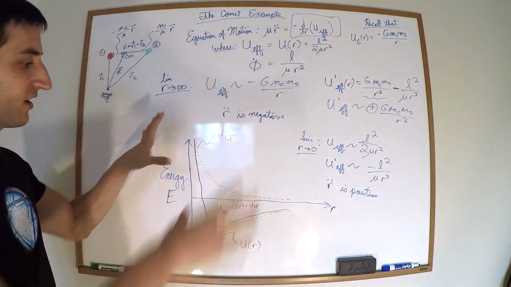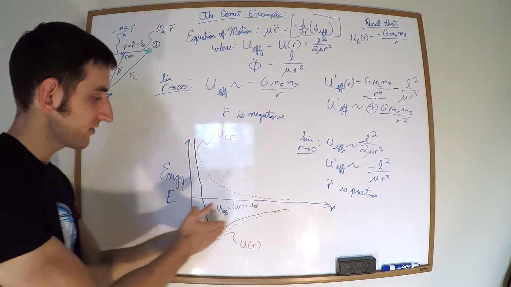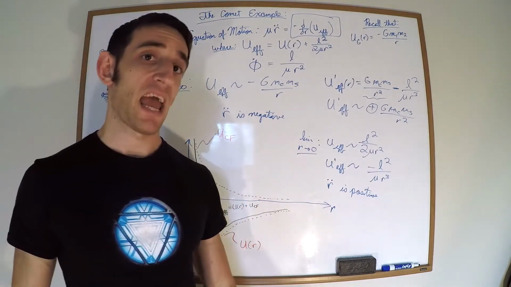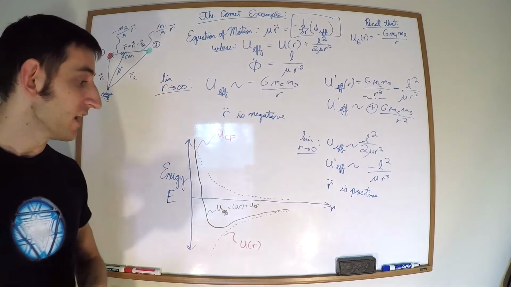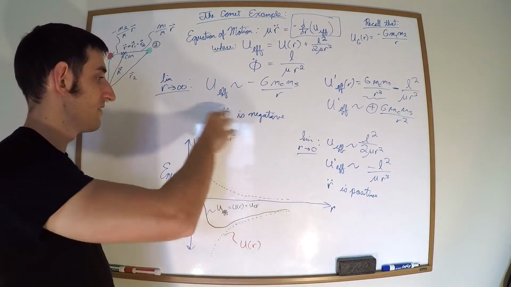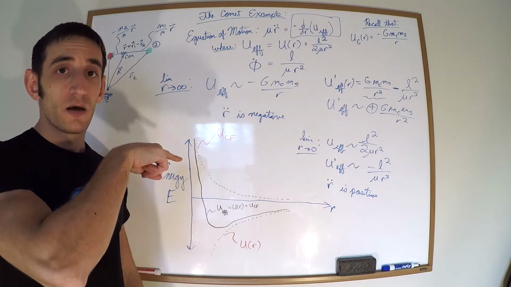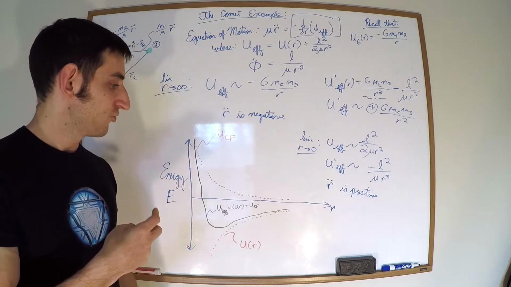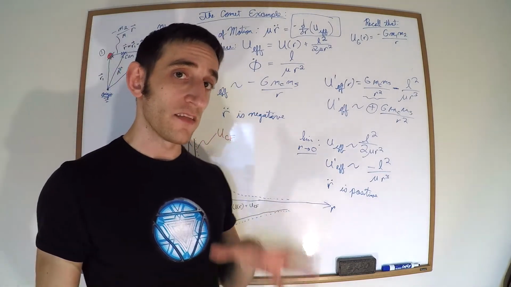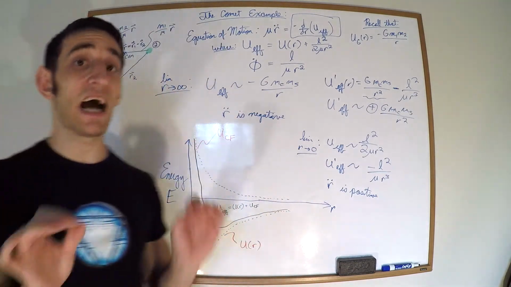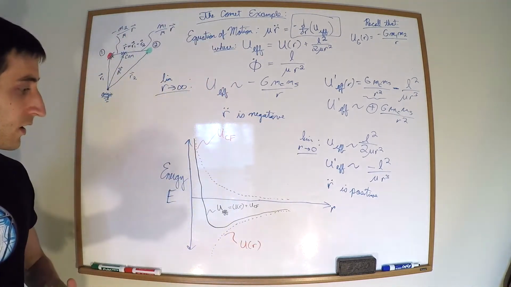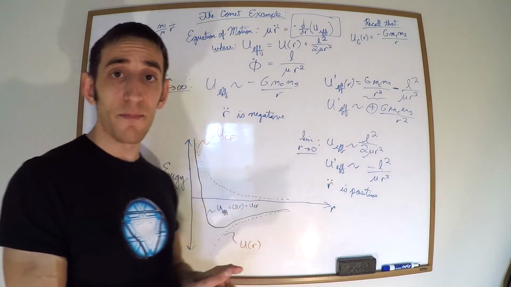Using this information, we're able to plot this guy, and we find that both the motion and the effective potential energy are a function of the gravitational potential energy and the centrifugal force potential energy. So what's important to note is that this is a potential well that's going to crop up very often in any kind of two-body force problem, and we're going to find this with the diatomic molecule.